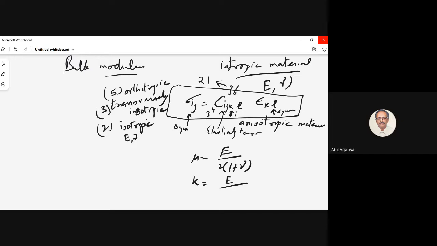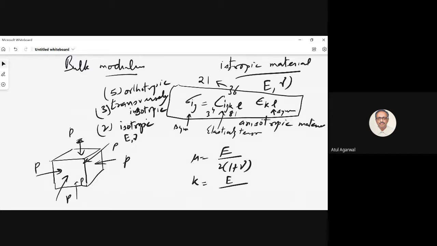Okay, let's derive it. Suppose you apply pressure on all sides. So you applied hydrostatic pressure on this cube.